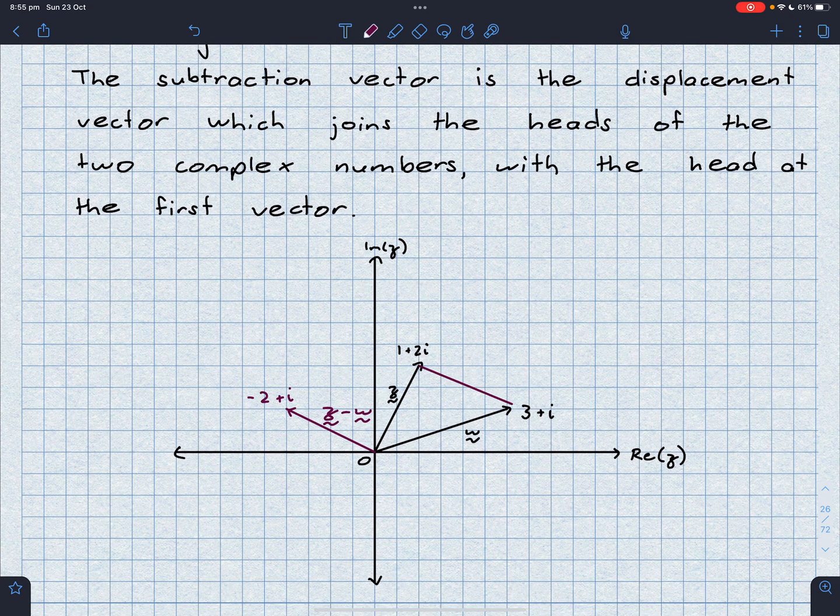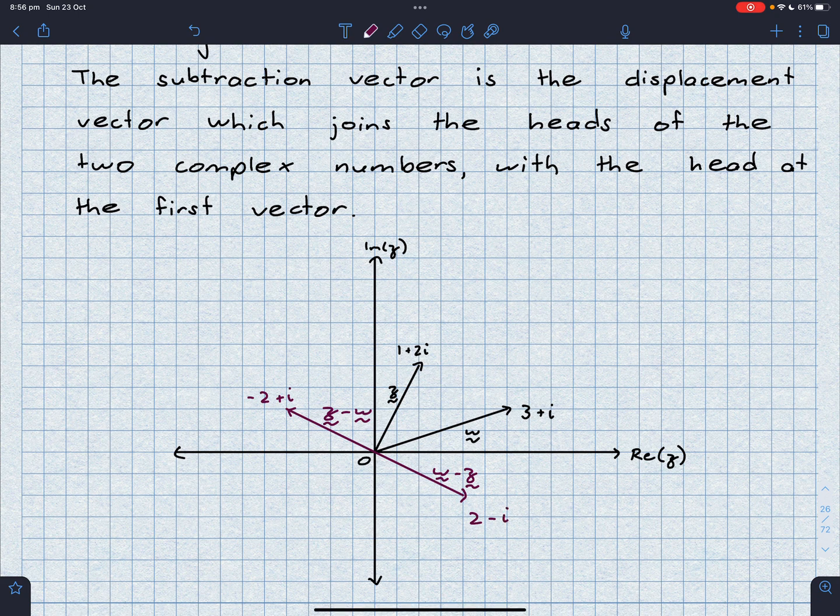If I want to do w minus z, that is pointing the other way. So I'm going to move that vector down to be a position vector rather than a displacement vector. And I can check my numbers here. 3 plus i take away 1 plus 2i. Well, 3 take away 1 is 2. i take away 2i is minus i.